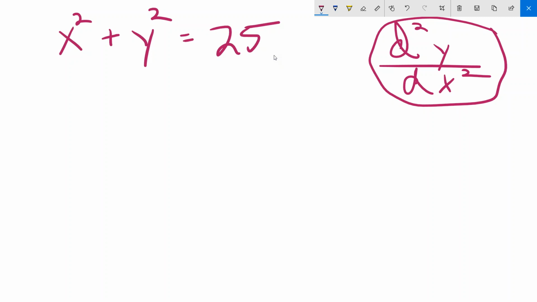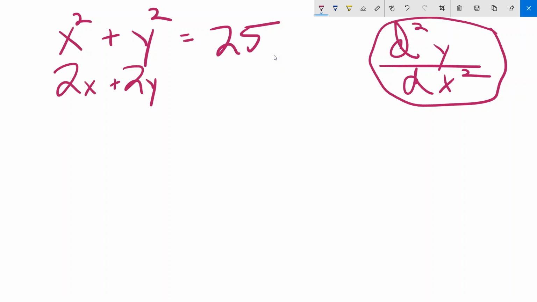The first step is always to figure out what the first derivative is. So let's go ahead and do that. In other words, we want to figure out what dy/dx is. So we're going to have 2x plus 2y y prime equals 0.